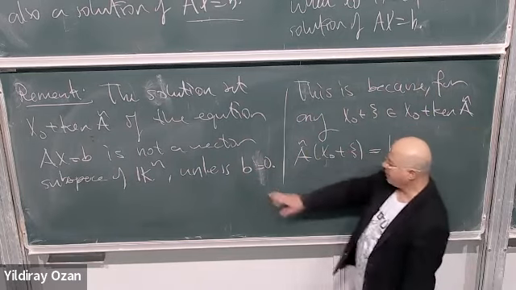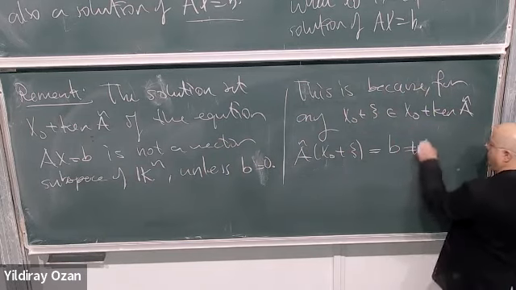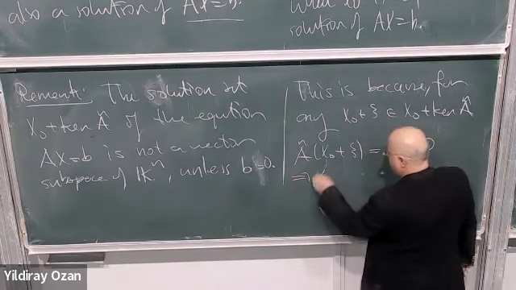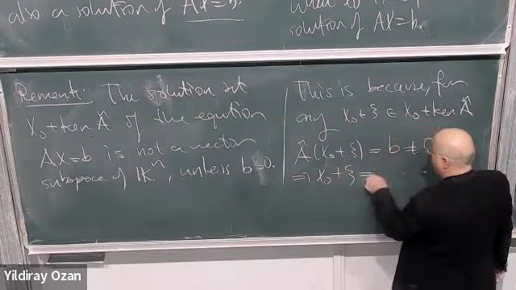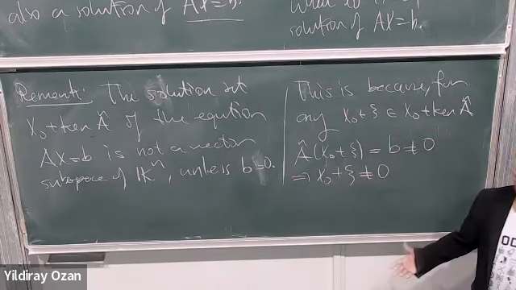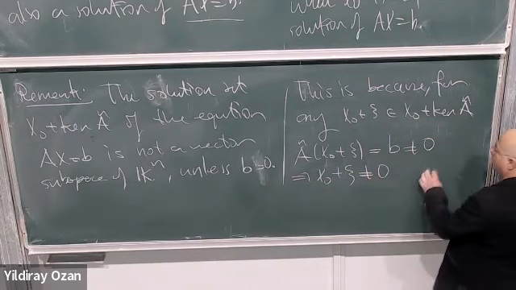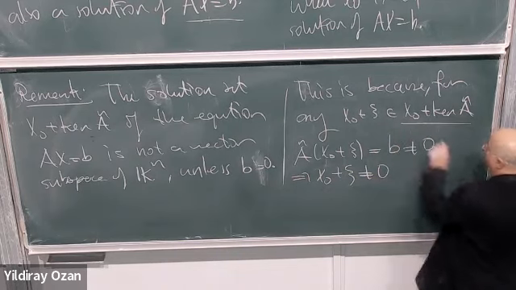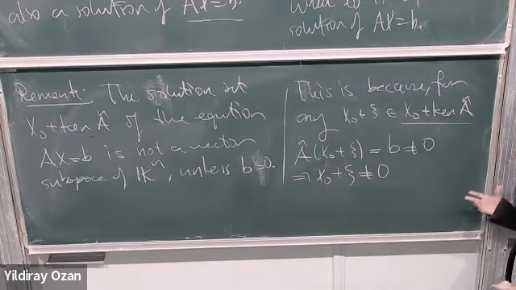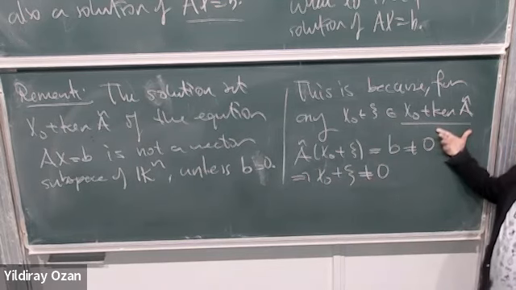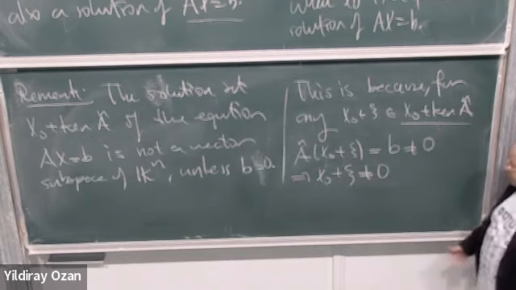But if b is not 0, this implies this vector cannot be the 0 vector, right? So this means no element here is the 0 vector. Well, it cannot be a subspace because any subspace should contain the 0 vector. Okay, and this doesn't have a 0 vector.